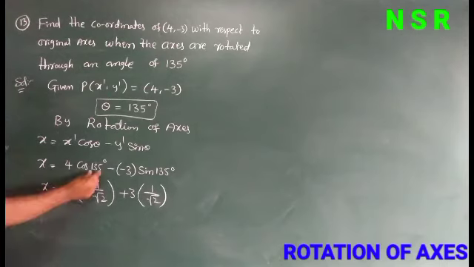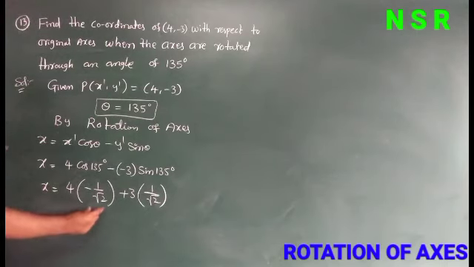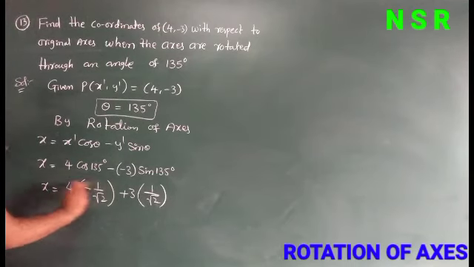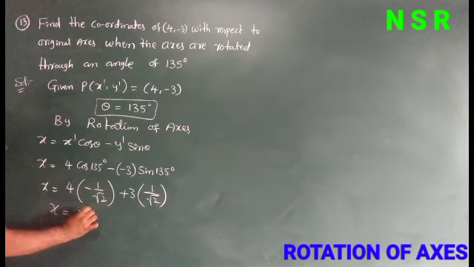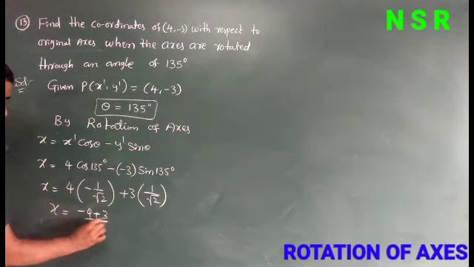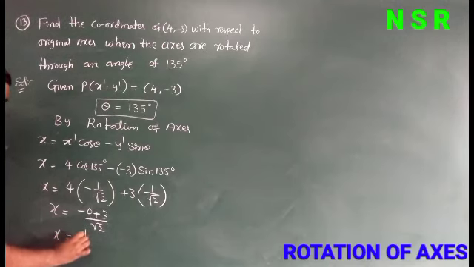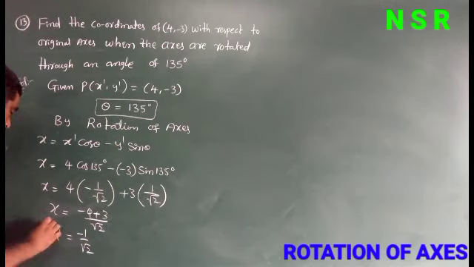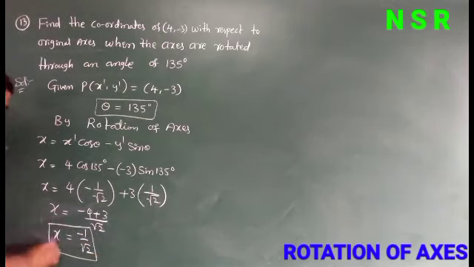Cos 135 value is −1/√2 and sin 135 value is 1/√2. Now 4 into −1 is −4, and 3 into 1 is plus 3 by √2. So −4 + 3 is −1/√2. So this x coordinate is −1/√2.